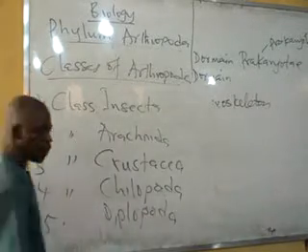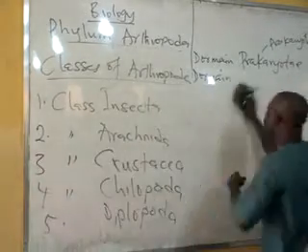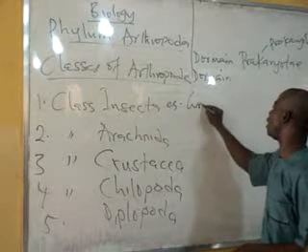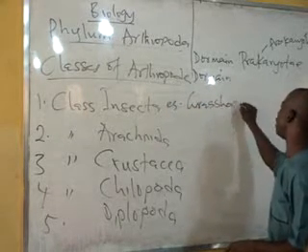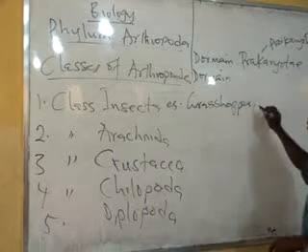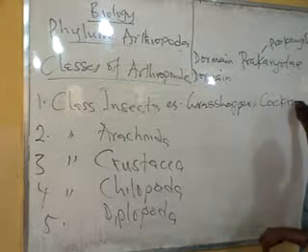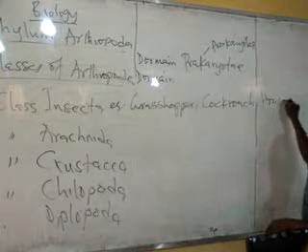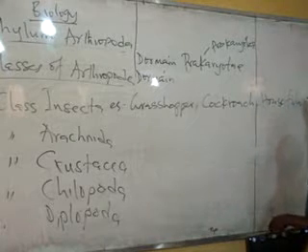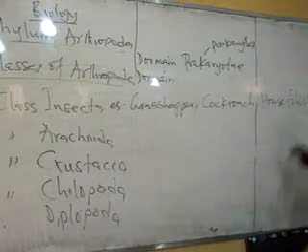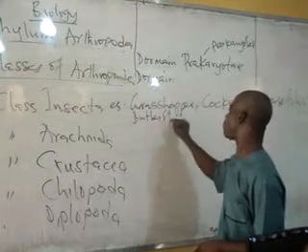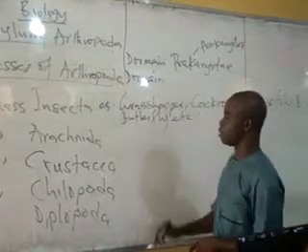Examples of the first class include our grasshopper, cockroach, housefly, butterfly, and so on.